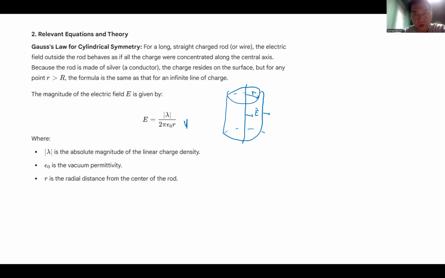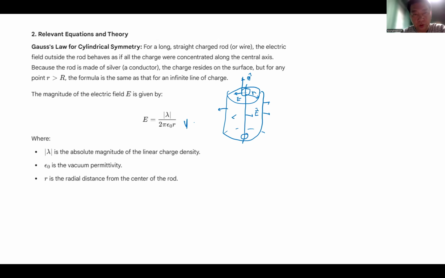So the electric field is normal to the side surfaces, and then the top and bottom surfaces do not give any contribution. In order to calculate the flux, you need to find the normal vector, and it is actually making an orthogonal angle to the electric field, so that the top and bottom surfaces don't have any contribution.